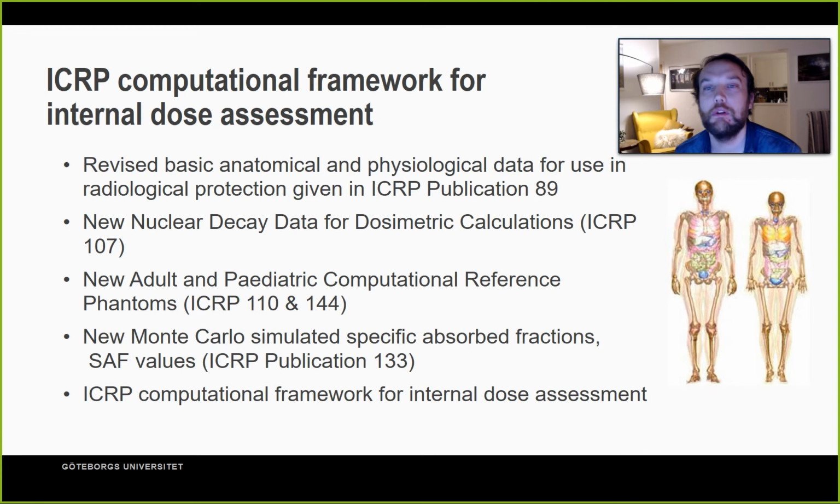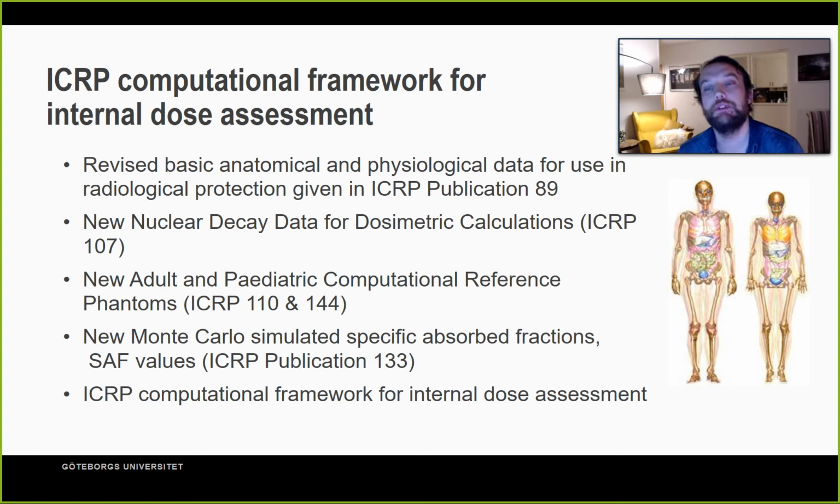The ICRP computational framework for internal dose assessments is based on the revision of anatomical and physiological data for use in radiological protection, given in ICRP 89, where we define the reference persons which effective dose is calculated to.